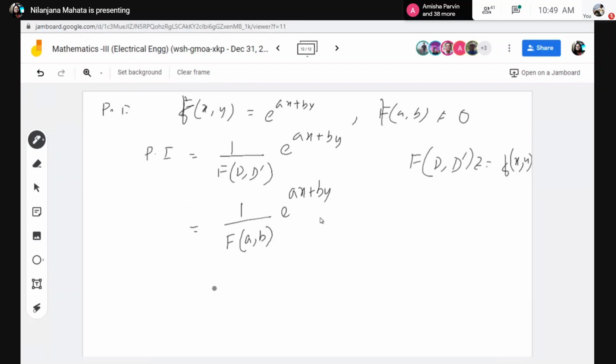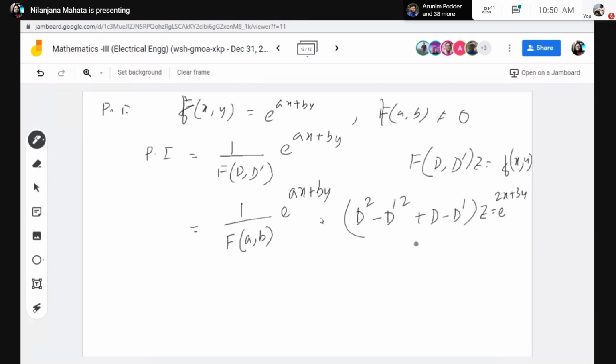Suppose I have an example. D square minus D dash square, D minus D dash, z is equal to e to the power 2x plus 3y.